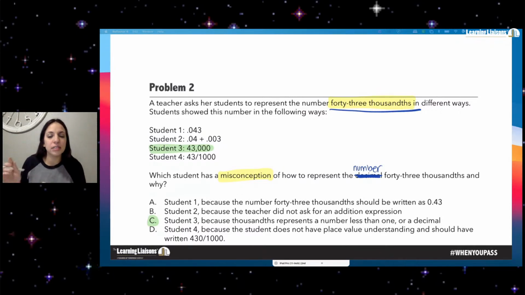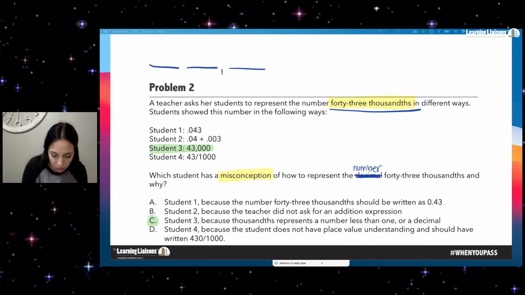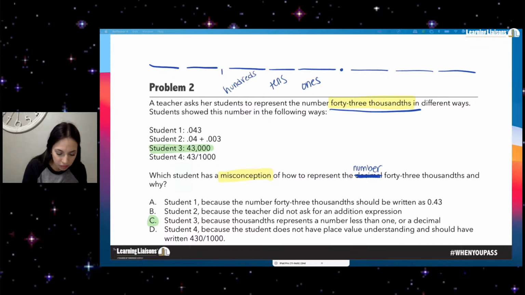43 thousandths. Here's what I want you to remember about place value numbers. If we look at a number, this is my ones place, my tens, my hundreds, my thousands, my 10,000s, and it's just going to keep going and going and going.